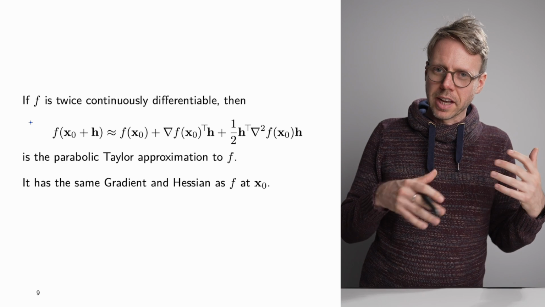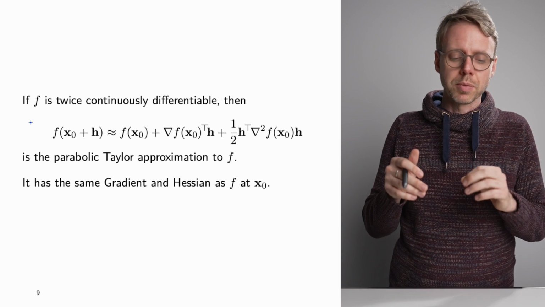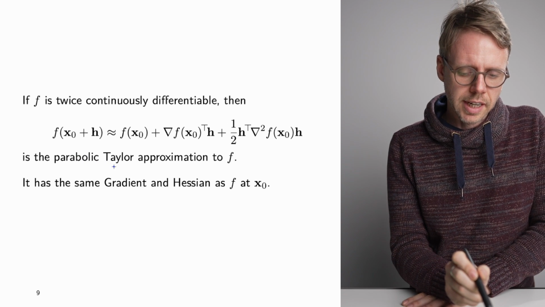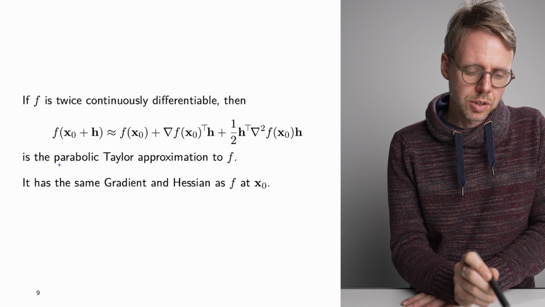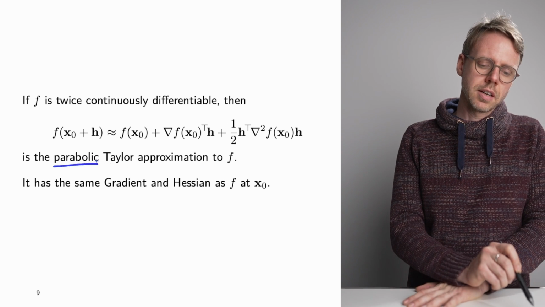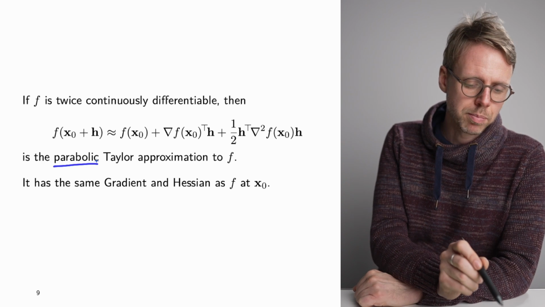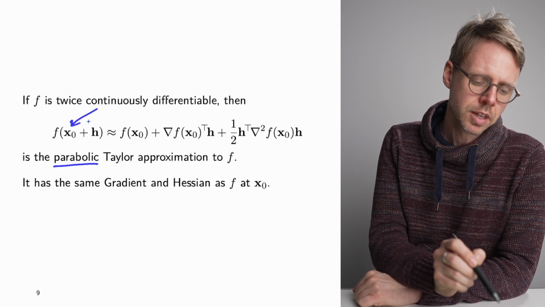Now, before we actually state the Taylor's theorem that we wanted to get to, I would like to also remind you of the second order Taylor approximation. The second order Taylor approximation gives you a parabolic function. So it's a parabolic approximation. It's performed at some point x0.